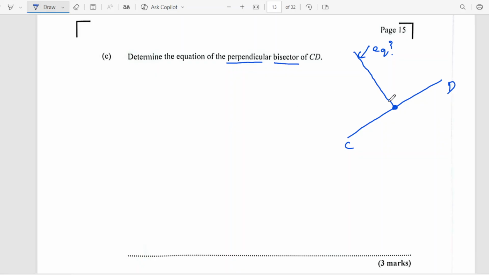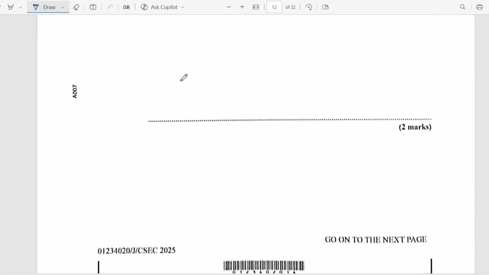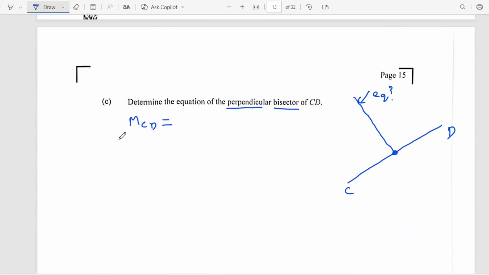Because it's perpendicular, the gradient of the line CD from above is how much? Negative a third. So the gradient of the line CD is negative a third. What will be the gradient of the line perpendicular to it?